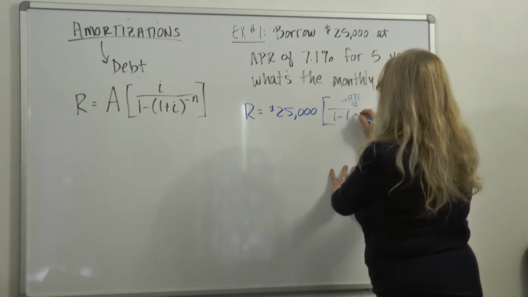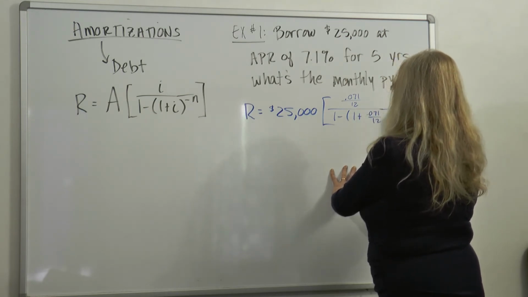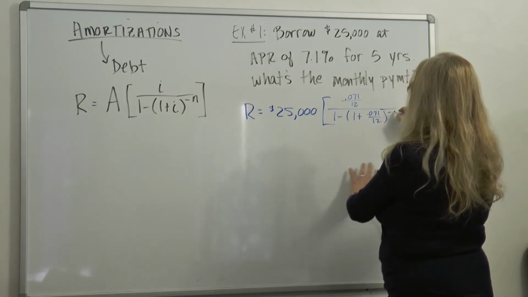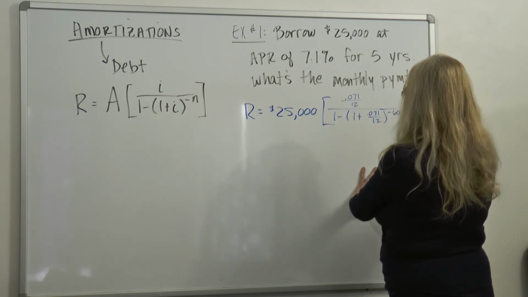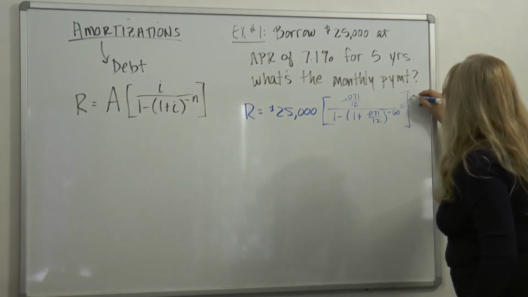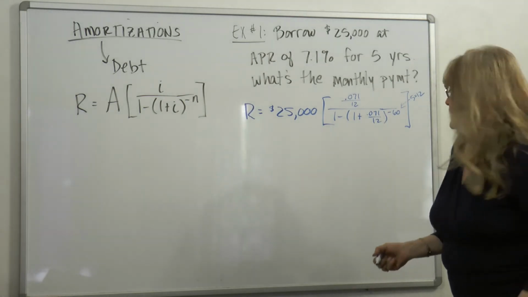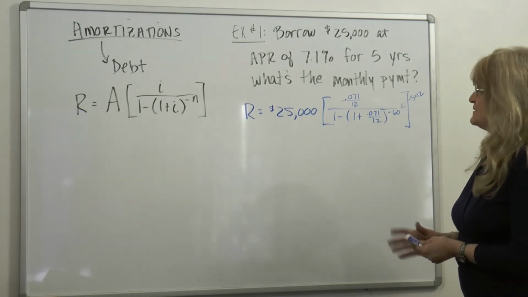Then 1 minus 1 plus 0.071 over 12 to the negative 60. And that 60 is 5 times 12, 5 years, 12 months in a year. So that's the total number of payments.